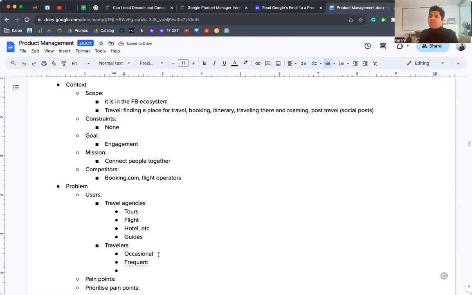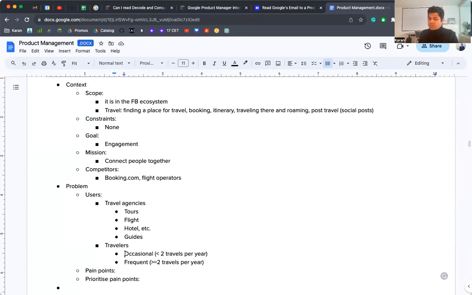Let's define occasional travelers as less than 2 travels per year. And then frequent is greater than or equal to 2 travels per year. Now, within occasional and frequent, so that's, let's say, one segmentation.